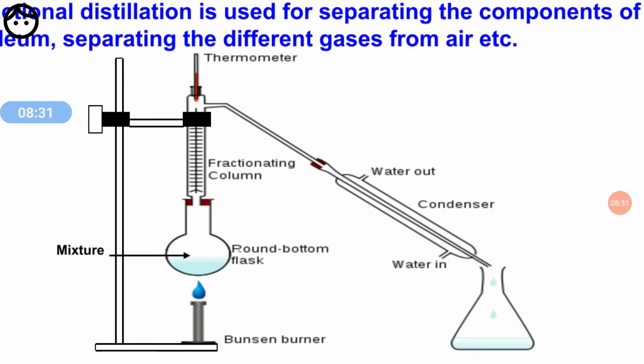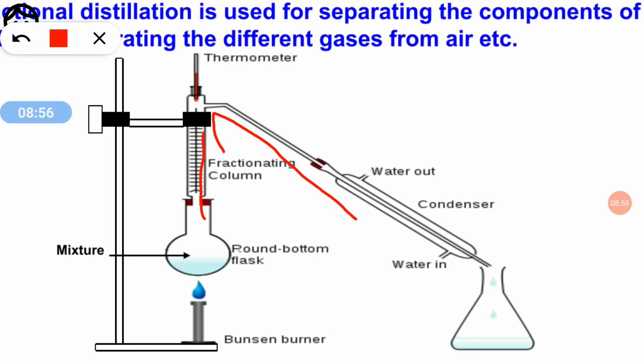The component which has a low boiling point starts vaporizing first, and this vapor passes through the fractionating column, and from the fractionating column it goes to the condenser.